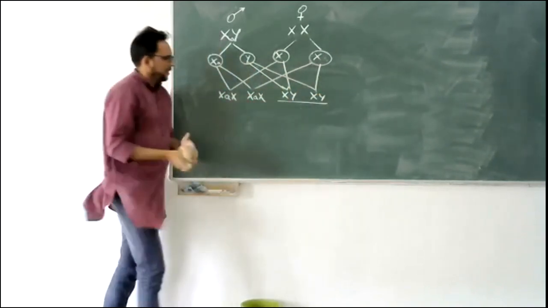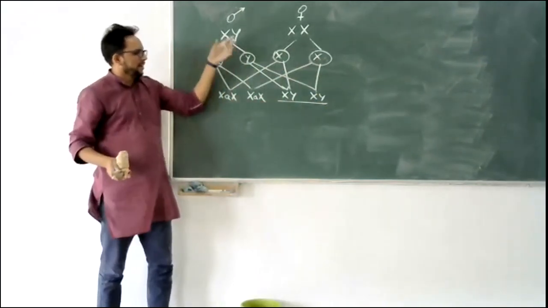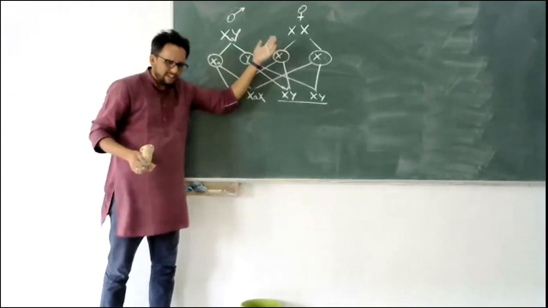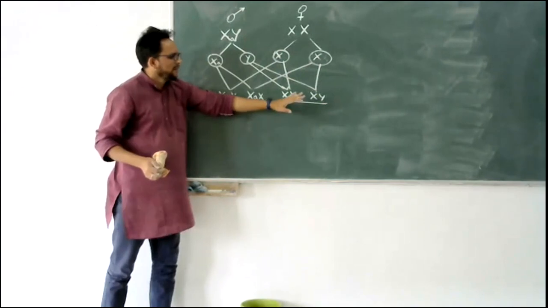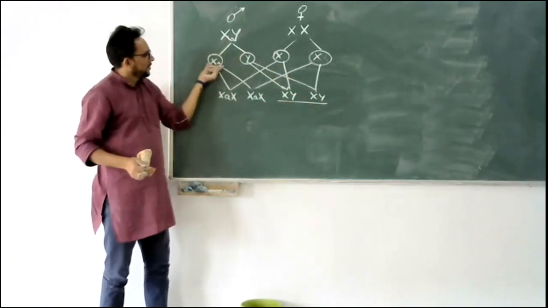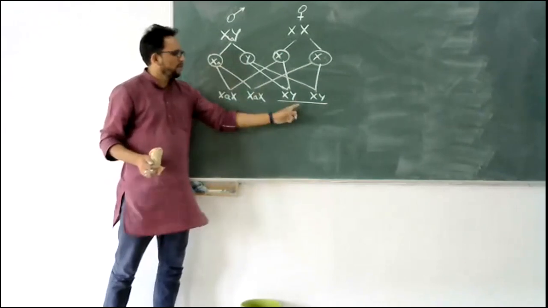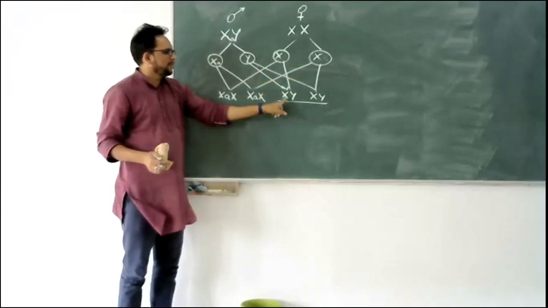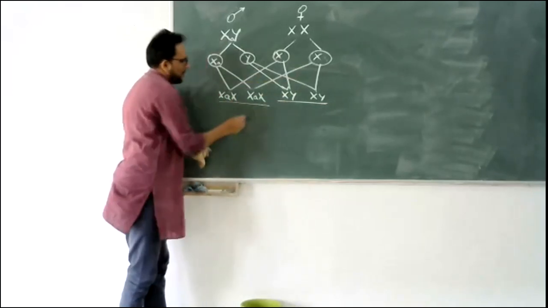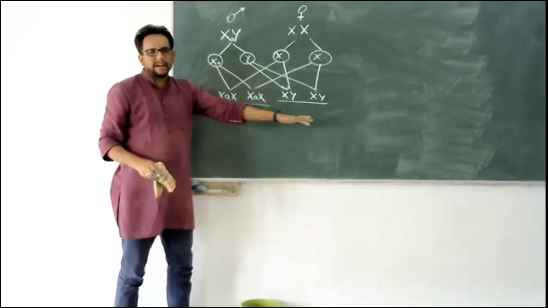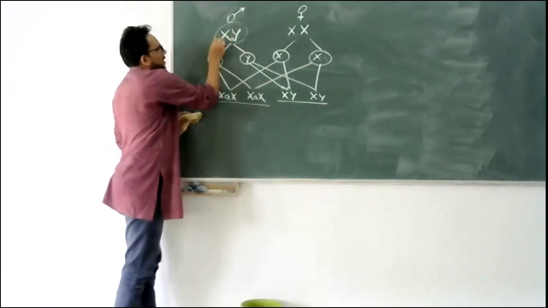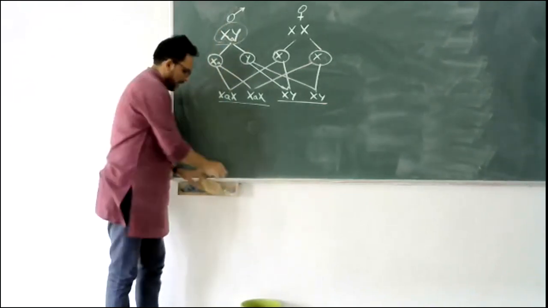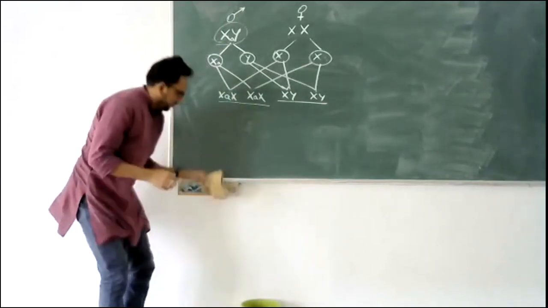So in this case, when the male is affected, the males across the generations of the family will never be affected, because this XA can only go to the female and not to the male, because the male will provide the Y gamete and from the female it will have the X gamete. Females are always affected. Males are never affected when there is an affected male with the dominant X-linked allele. Okay, I hope this part is clear to everyone.